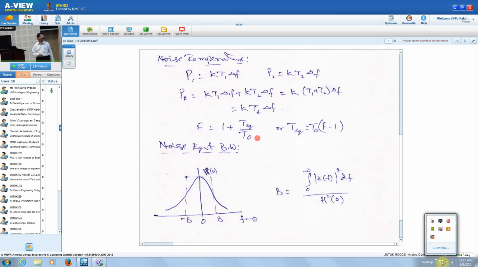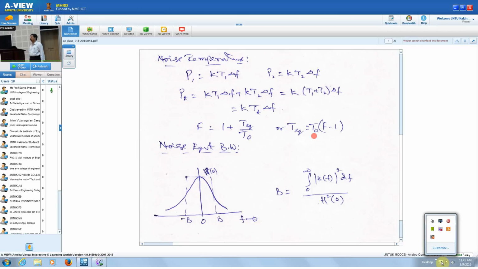So T equivalent by T naught, or T equivalent is T naught into F minus 1. So given the noise figure, you can find the noise temperature, and given the noise temperature, you can obtain the noise figure.